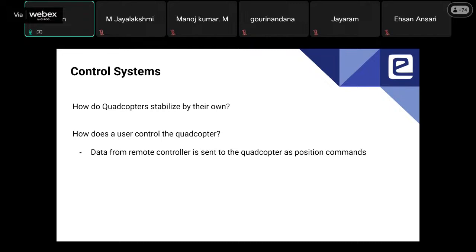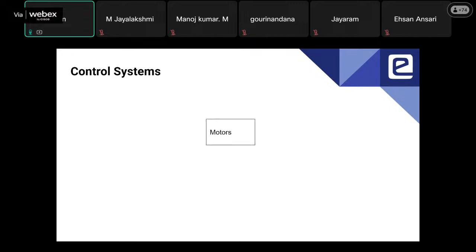That control information is sent from the transmitter, and on the drone there is a receiver that accepts these signals from the transmitter and then passes them on to the flight controller. That's how the drone will know where to move, how to move, and stabilize according to the user's input.